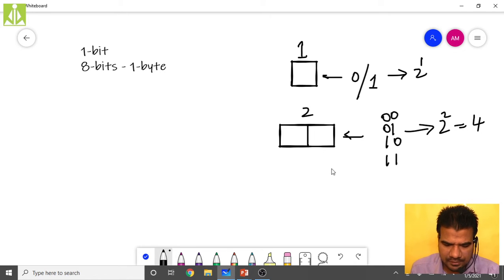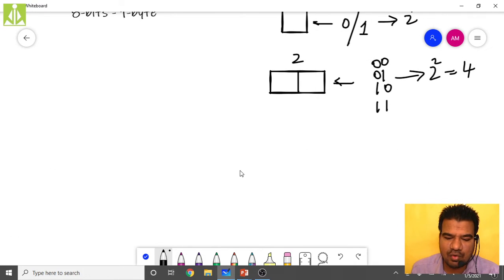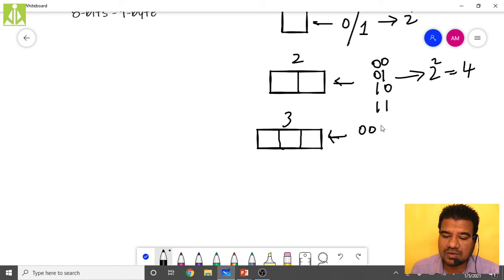In the same way, if we have 3 bits allocated, what are my possibilities? Quickly, 0 0 0 to start with, then 0 0 1, then 0 1 0, then 0 1 1.